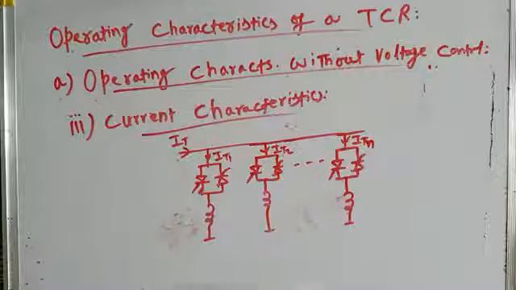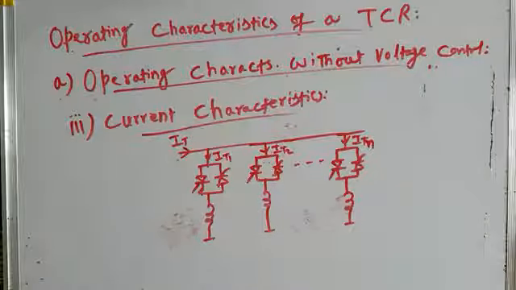So that's all about operating characteristics of a TCR without voltage control. Without voltage control, for different delay angles, we must know the VI characteristics, and hence for a particular value of SVC voltage, for different delay angles, we can find the operating range of SVC or TCR. And then the TCR susceptance versus SVC susceptance characteristics we have also studied.